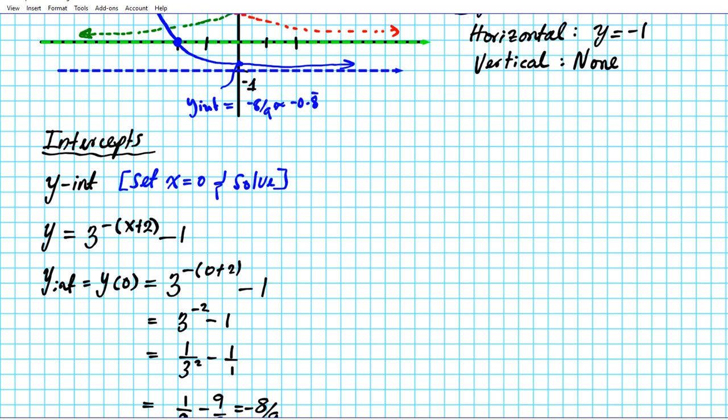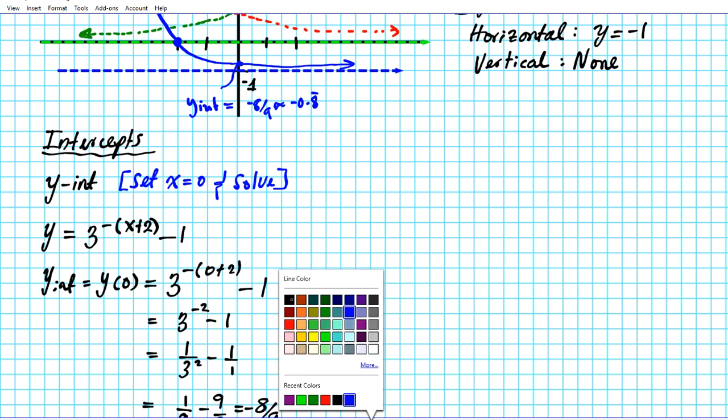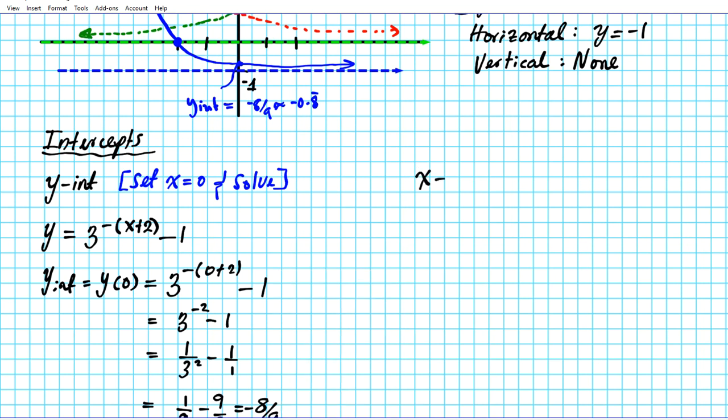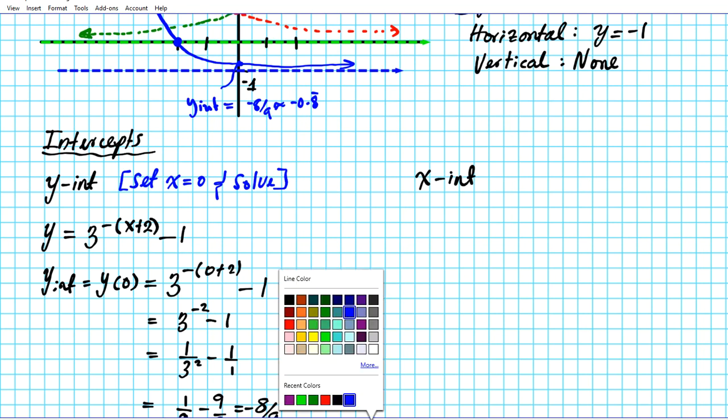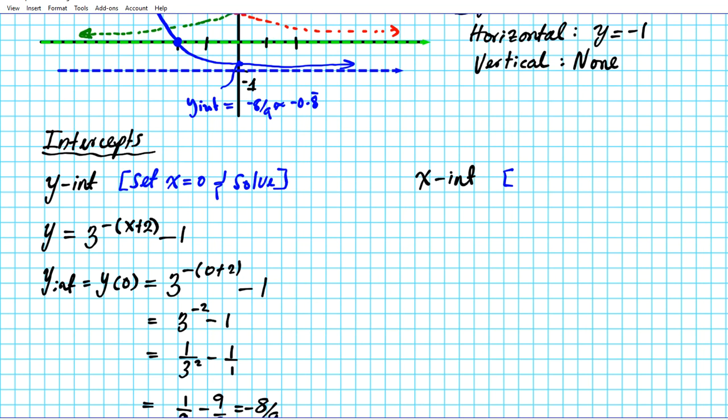Okay, now how about our x-intercept? Let's look for that. Our x-intercept can be found by basically doing what we did in reverse order. Instead of setting x to 0, we set our y to 0 and solve the resulting equation.